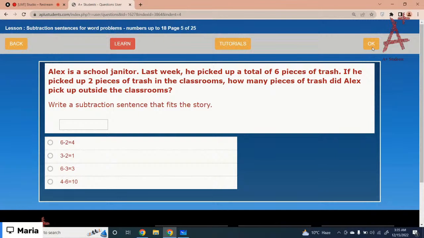Alex is a school janitor. Last week he picked up a total of 6 pieces of trash. If he picked up 2 pieces of trash in the classroom, how many pieces of trash did Alex pick up outside the classroom? Got it? You have to subtract the smaller number from the greater one. So which of the options is the correct one? The greater number is 6.